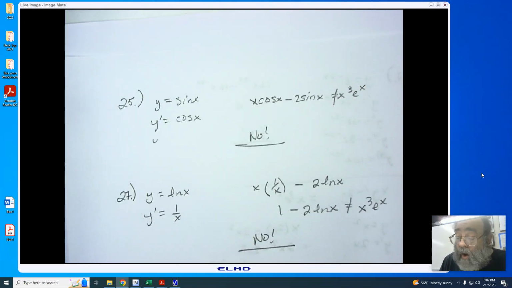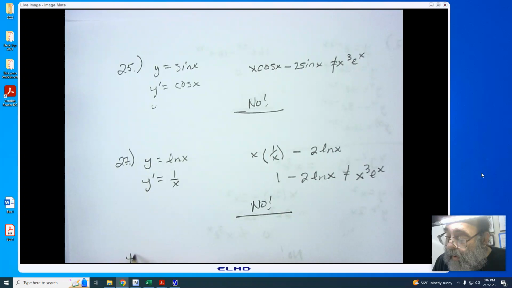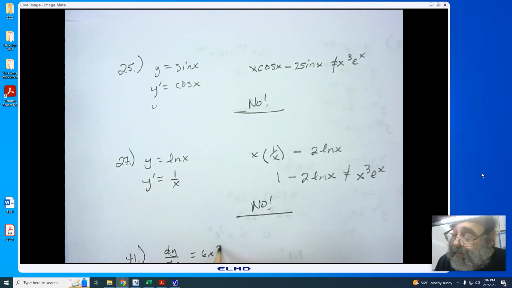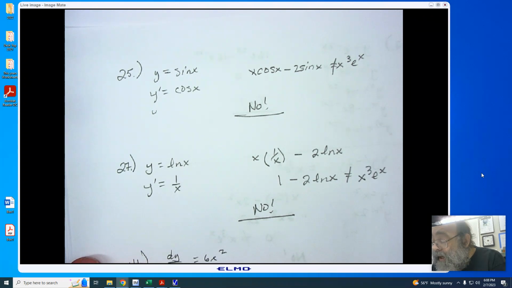I'm now moving on to the next page. So I'm taking a look at number 41, where we are trying to find our general solution, and we are given dy dx equals 6x squared. I'm going to start by separating my variables. So I have dy equal to 6x squared dx.